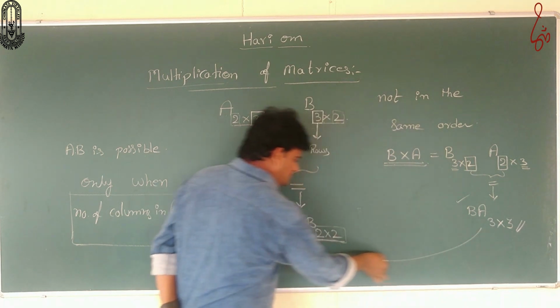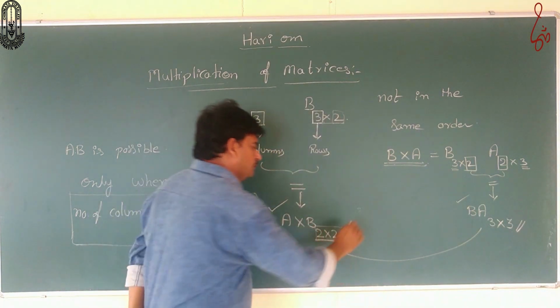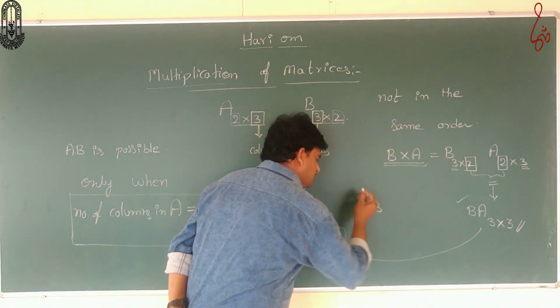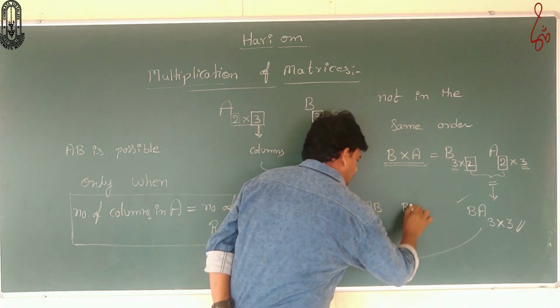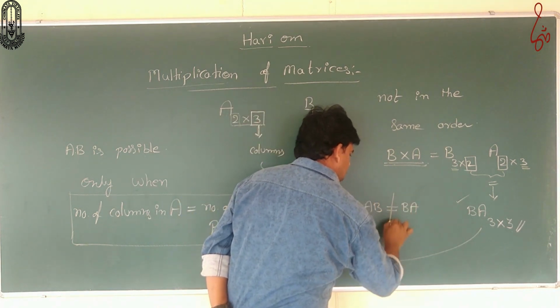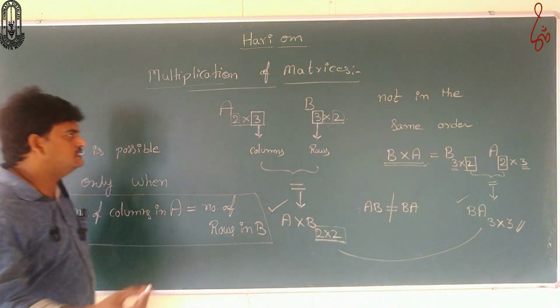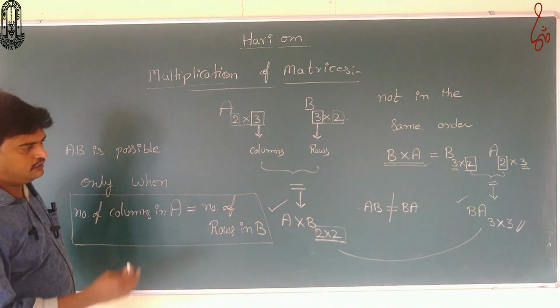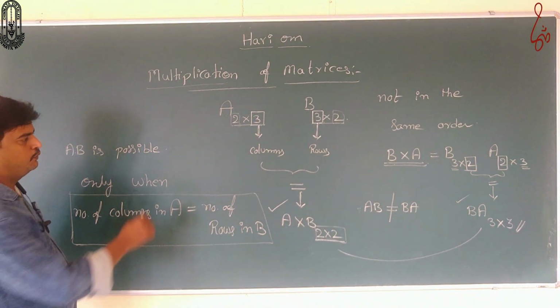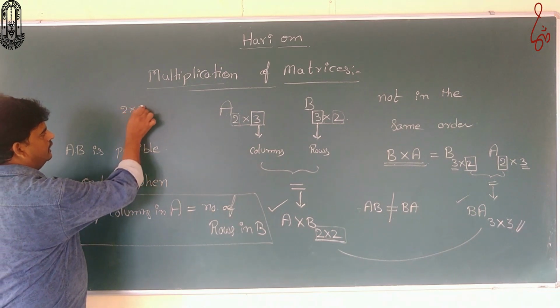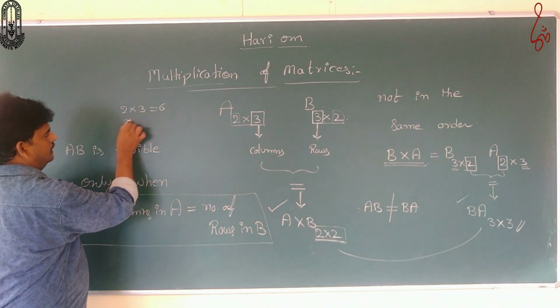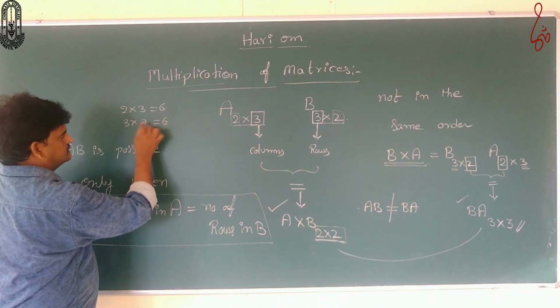Now, you can observe that the product of A and B and the product of B and A are not equal. Whereas in numbers, the product is a commutative property. For example, 2 times 3 is 6 and 3 times 2 is also 6.